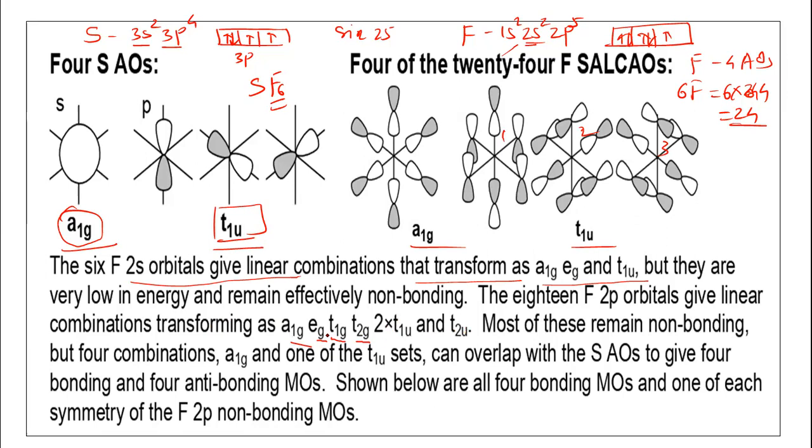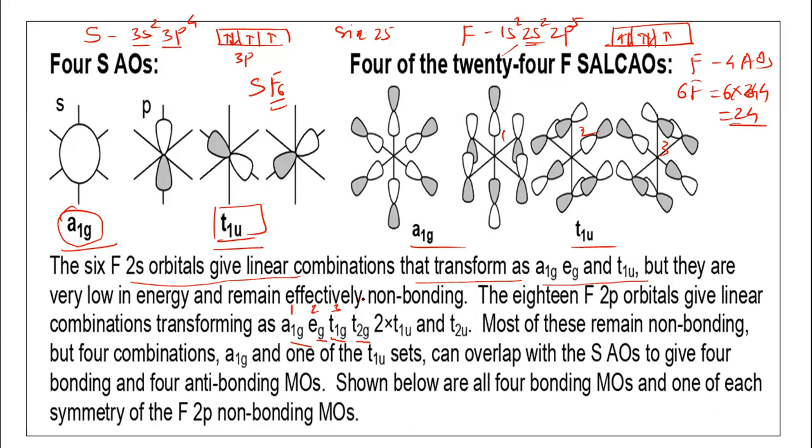Now how these orbitals are formed is not our issue, but they are formed due to the linear combination. A1G means 1 single orbital. EG means doubly degenerate, 2. T1G means 3, triply degenerate.